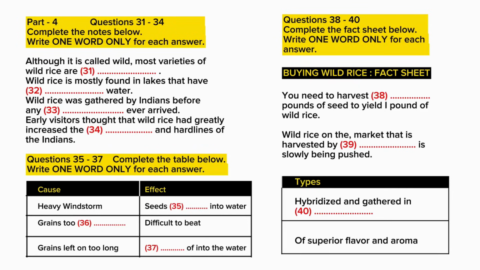We're going to hear a talk on wild rice. First, you have some time to look at questions 31 to 40. Now listen to the tape and answer the questions 31 to 40.